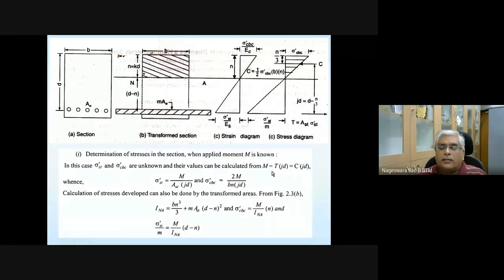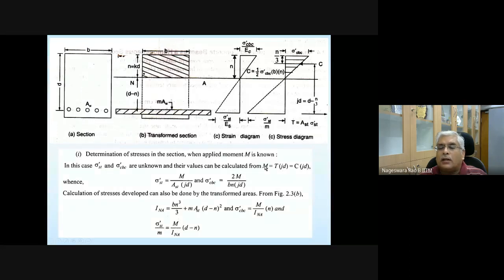In continuation with what Professor Amlan just mentioned, you can calculate stresses in steel and concrete using this equation, which comes from the simple theory of bending, M is equal to Fz, or that kind of thing.